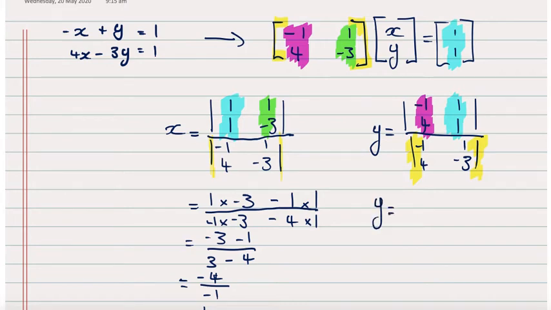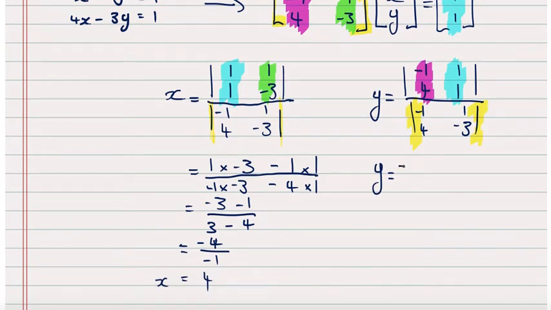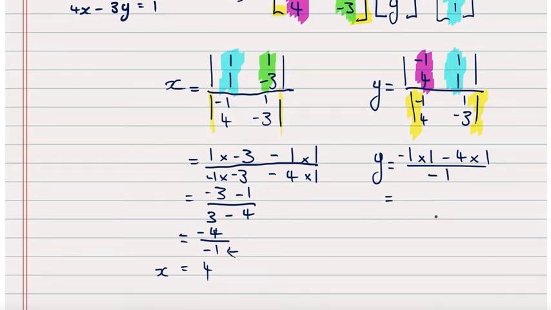Evaluating this, we're going to have -1 times 1 minus 4 times 1. And to save myself a little bit of time, rather than doing the determinant in the denominator again, notice I've already done that calculation down here. So I can simply sub that in there, saving myself a lot of hard work.